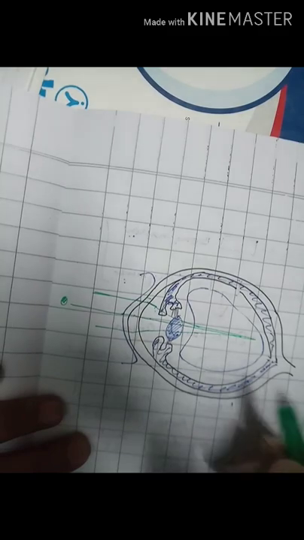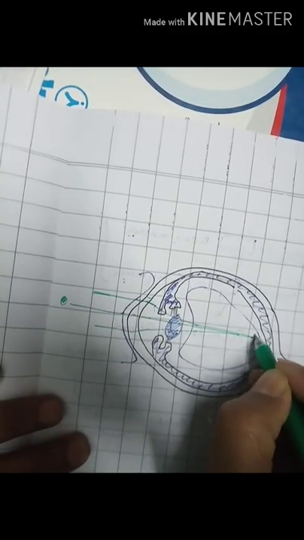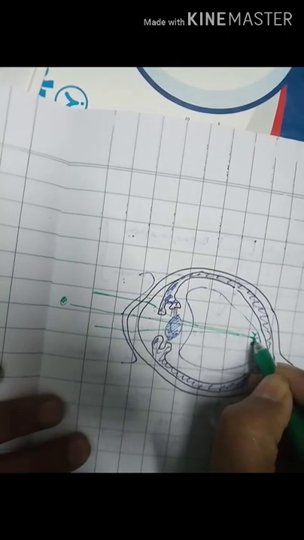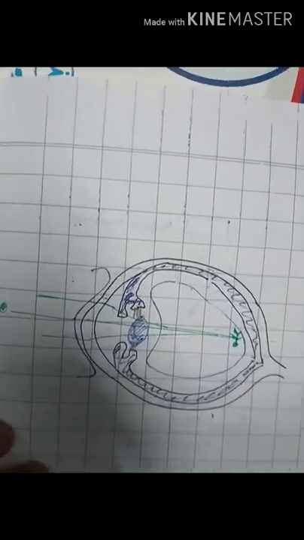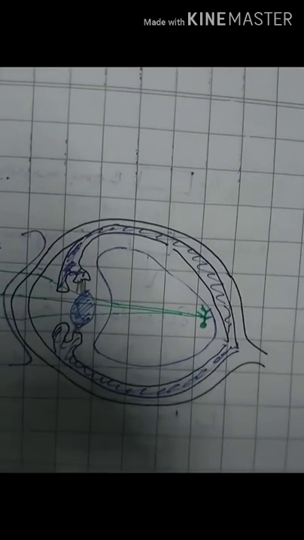The image on the retina is real, but it is inverted, means opposite. See, this is the opposite, means the head portion is on the lower side.